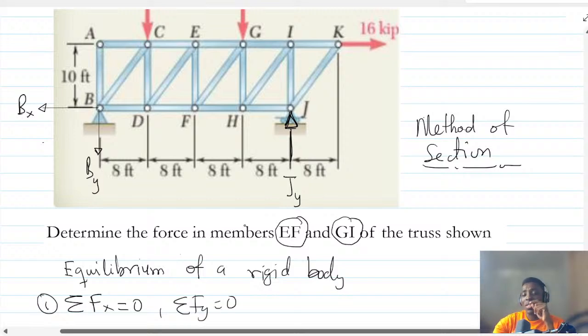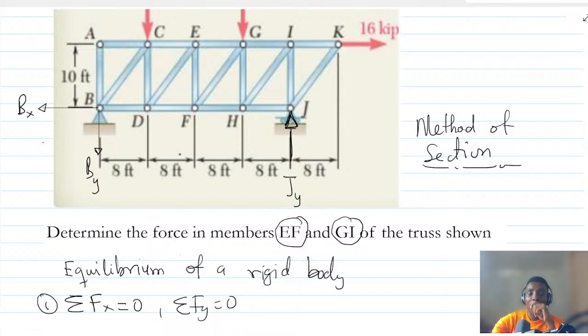But because this is a planar truss, we don't consider the Z. So summation of force along the X is 0, and summation of force along the Y is 0. The second condition is that summation of moment about any point is always 0. So you can take moment about point B, about point J, any point at all.